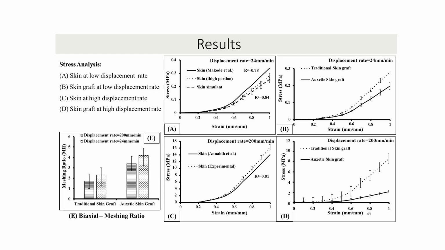And what are the key results from the biaxial and meshing ratio? In the E part, we are looking at traditional skin grafts and auxetic skin grafts at two different displacement rates. At 24 millimeters per minute, the auxetic skin graft behaved much better, with a higher meshing ratio, or expansion ratio, than the traditional skin graft.